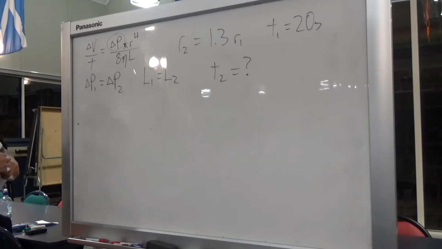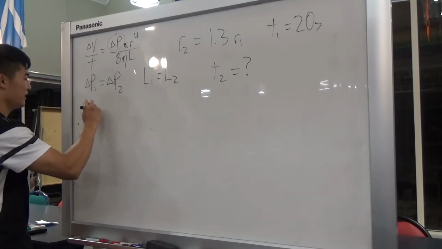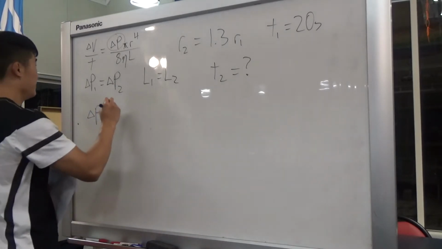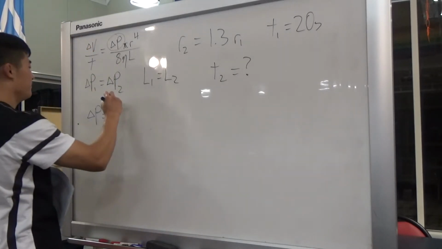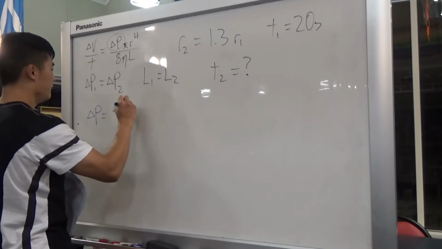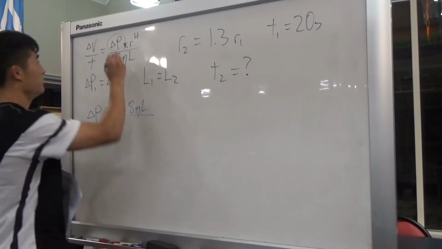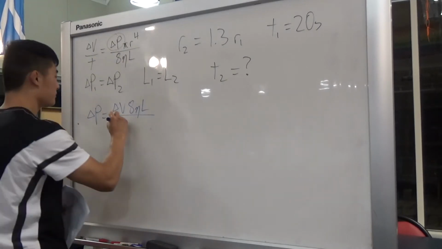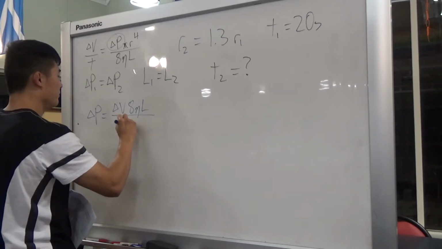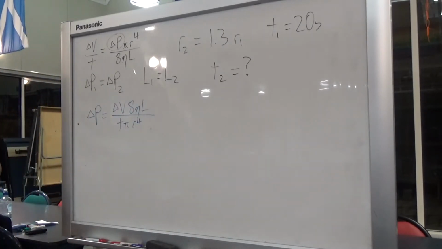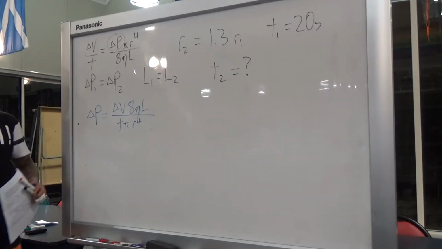So I'm just going to skip straight to the rearranged thing. So this will go to the top. So delta P equals delta V times 8 eta L, over, that goes to the bottom, T pi R to the fourth power. Okay, so this is our new rearranged equation.